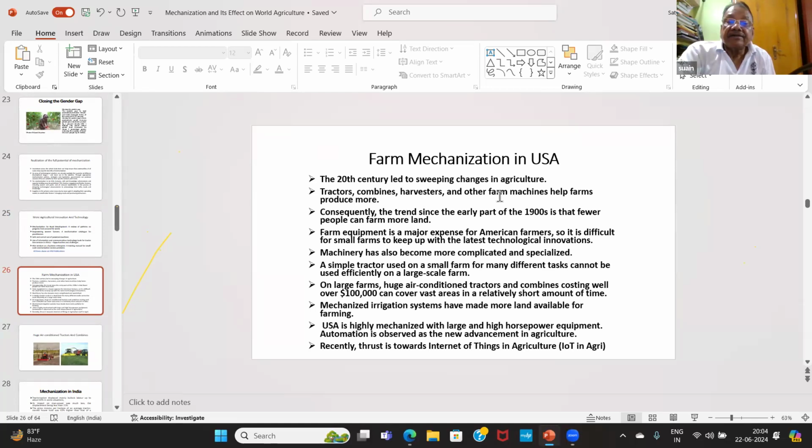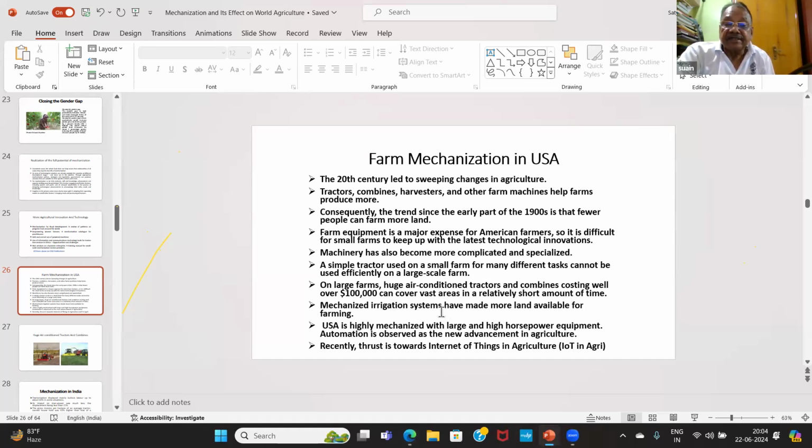In the USA, there is a lot of development. In the 20th century, there was sweeping change in agriculture, tractors and combines came on large farms, huge air-conditioned tractors, combines costing well over $1 lakh, which can cover vast areas in a relatively short time.